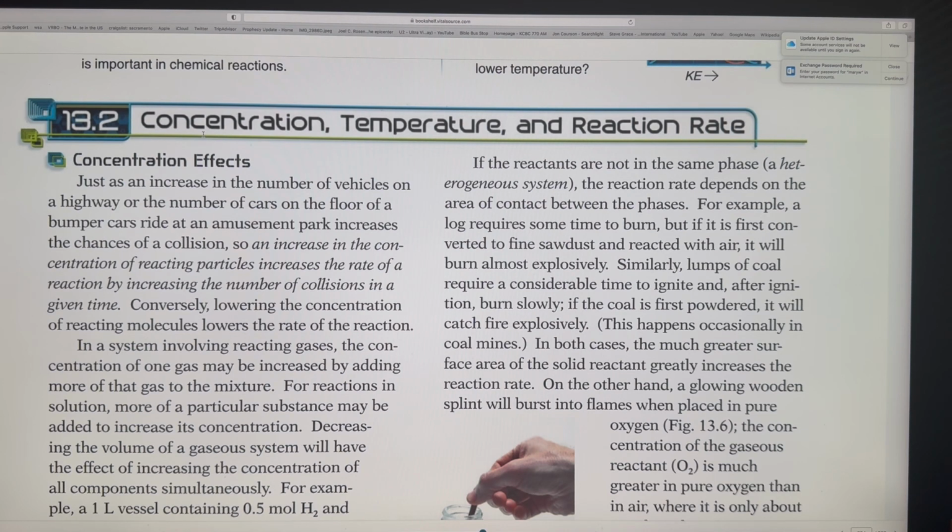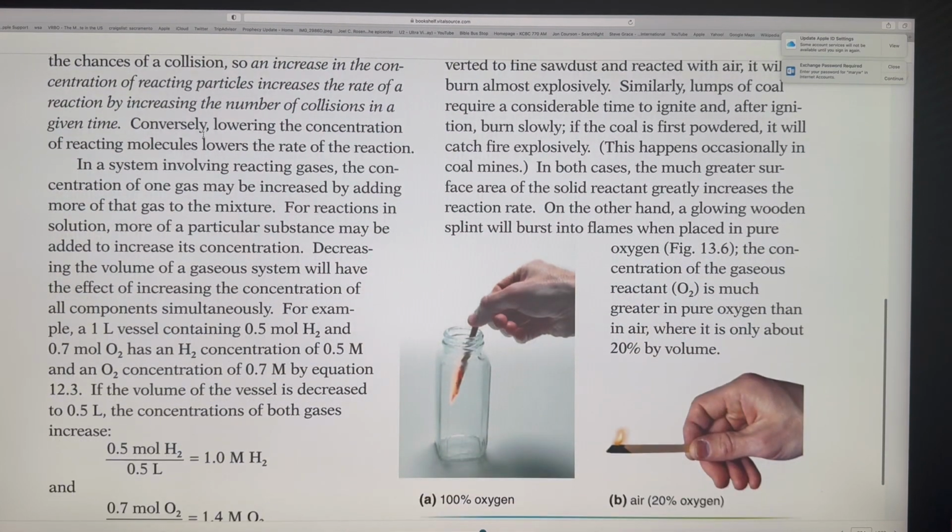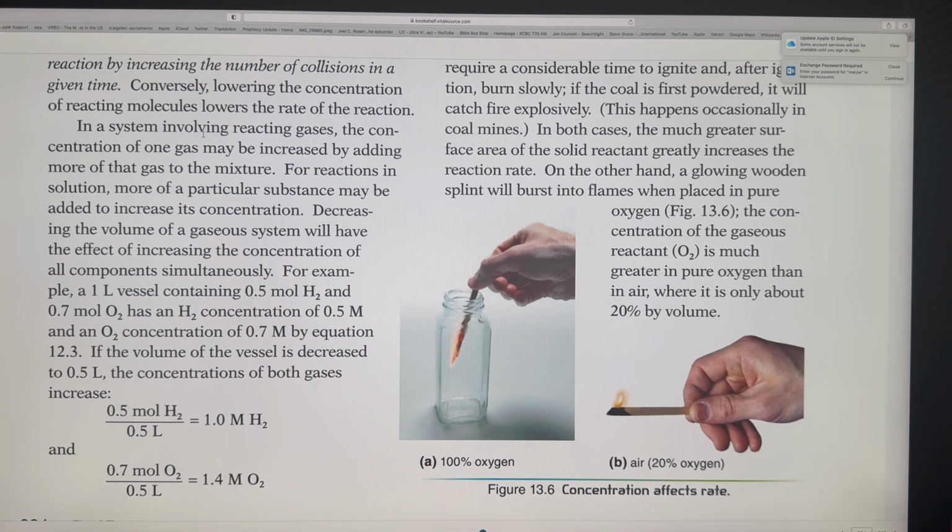Basically the same thing with coal. If you take a lump of coal and ignite it, it will burn really slow. But if you take coal powder, boom, that happens in mines sometimes, it just blows up. This happens because of the greater surface area. In a bunch of small sawdust chips, you have lots of area to burn.